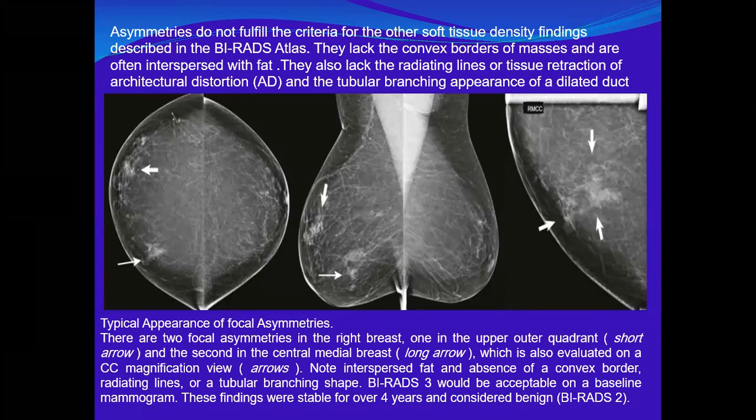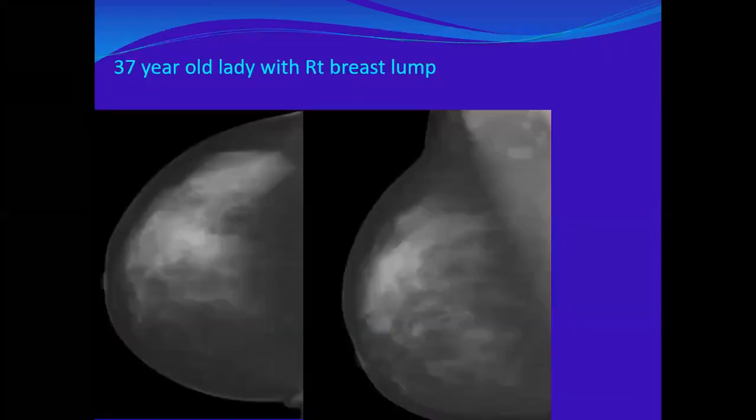But at the baseline, if you see it like this, with no other associated features, you are going to report it, after you do spot compression and ultrasound and find no abnormality, as BI-RADS 3. Then on follow-up, if it's stable, it will be BI-RADS 2.